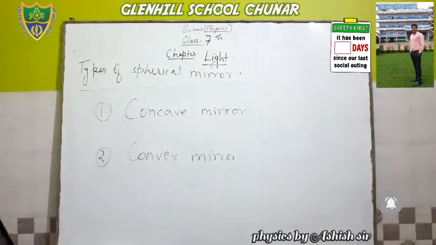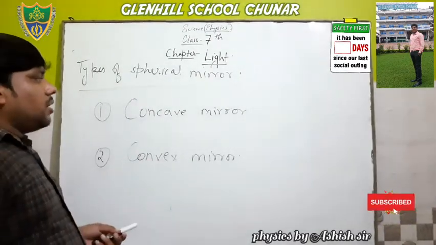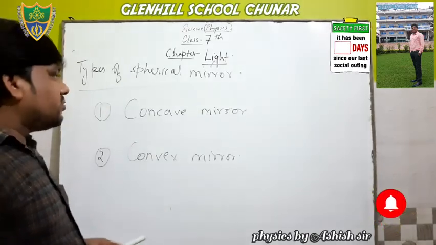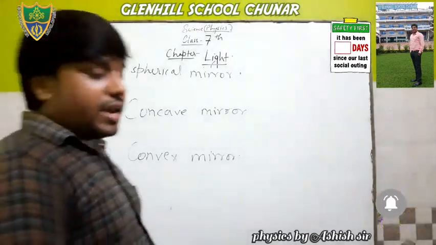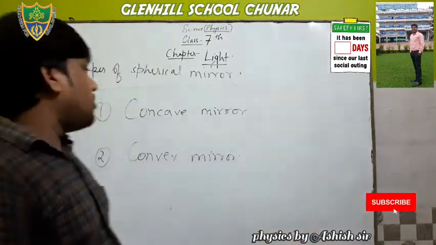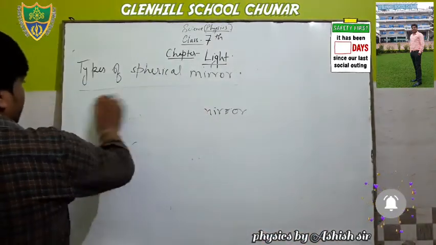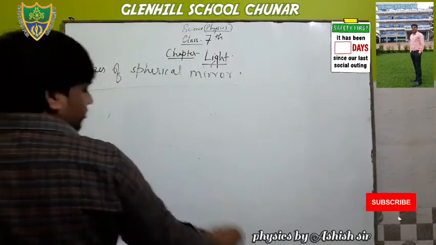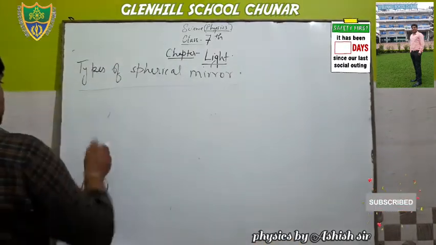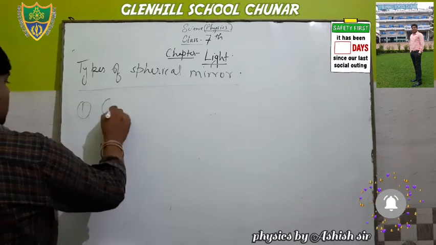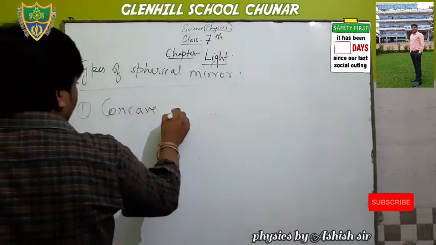We will discuss both types of mirror in this class. First, we discuss the concave mirror. In higher classes, we will discuss this type of mirror in more detail, but here we will discuss thoroughly only the concave mirror. Write down: first is concave mirror.